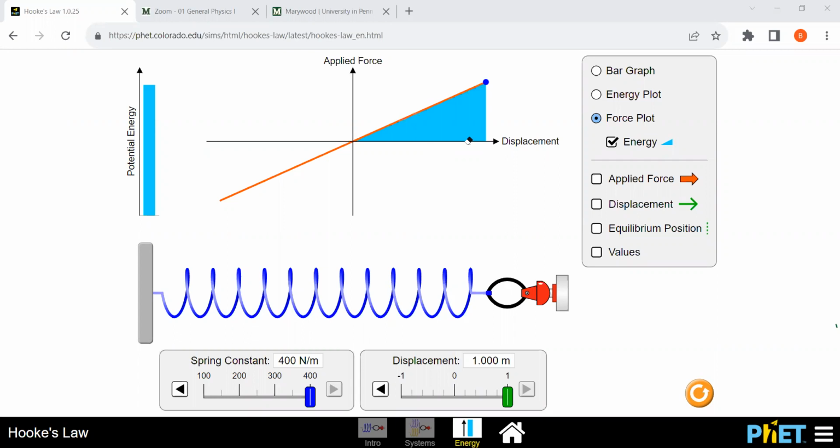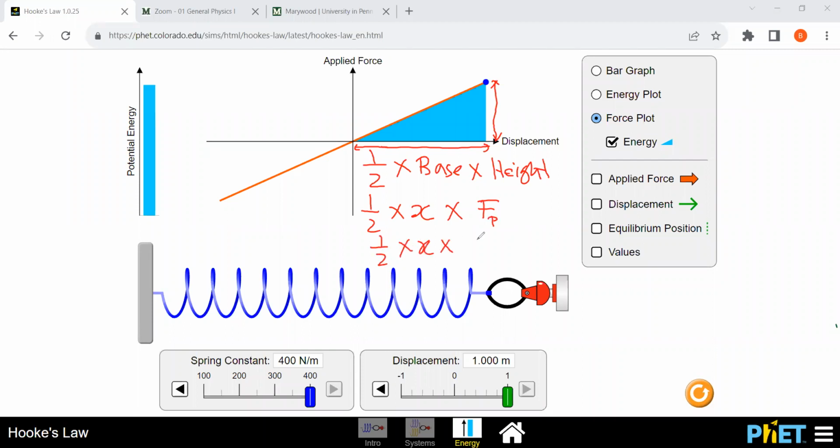So you see, this is very simple. It's basically a triangle, and you know the triangle's area is half base times height. The base here is x and the height is kx, because the height is the applied force, and the applied force is equal to kx.